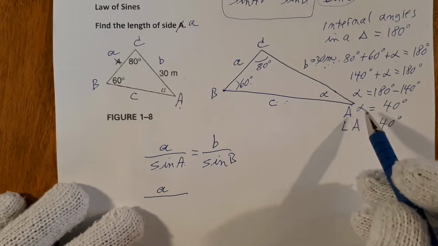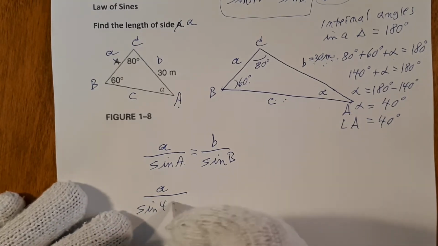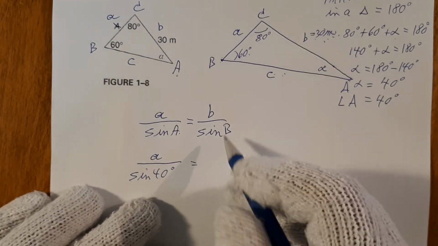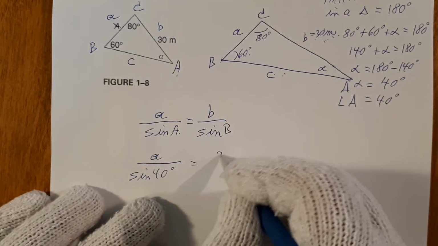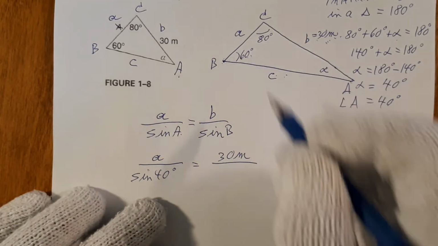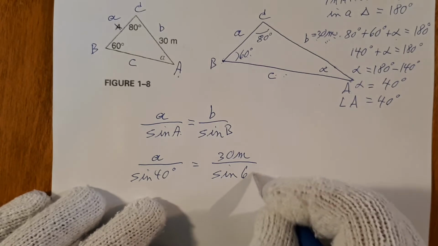Sine of A, we said A was 40 degrees. Sine of 40 degrees is equal to the length B. B we said was 30 meters, divided by the angle opposite, which would be sine of B, or 60 degrees.